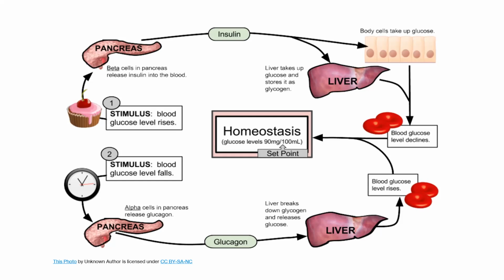Insulin allows the glucose to enter the cell, where it is converted into ATP, giving the cell energy, and blood glucose levels drop. Alternatively, when blood glucose levels fall, glucagon is secreted from the pancreas, breaks down glycogen in the liver, and produces glucose. That raises our blood glucose. Those are examples of how these feedback loops maintain homeostasis for us.